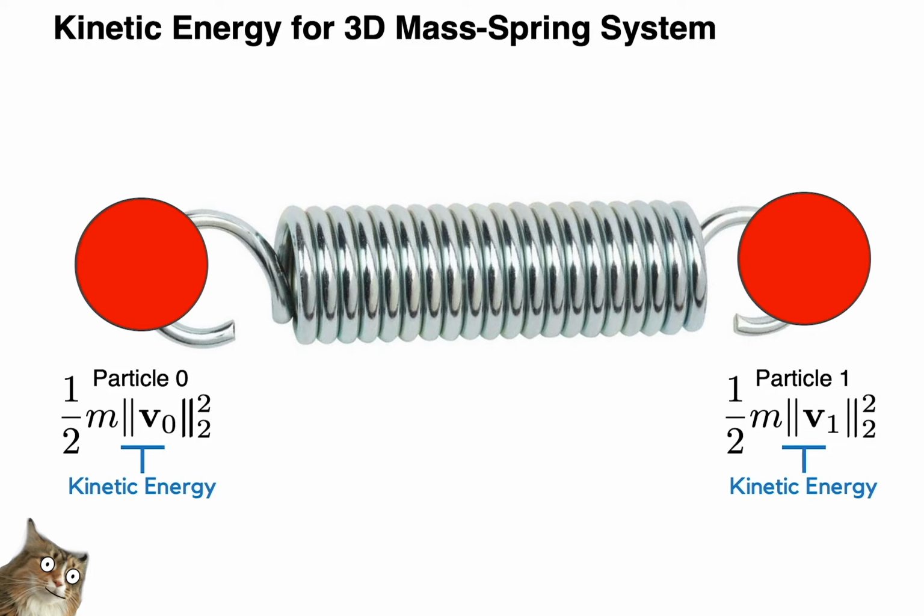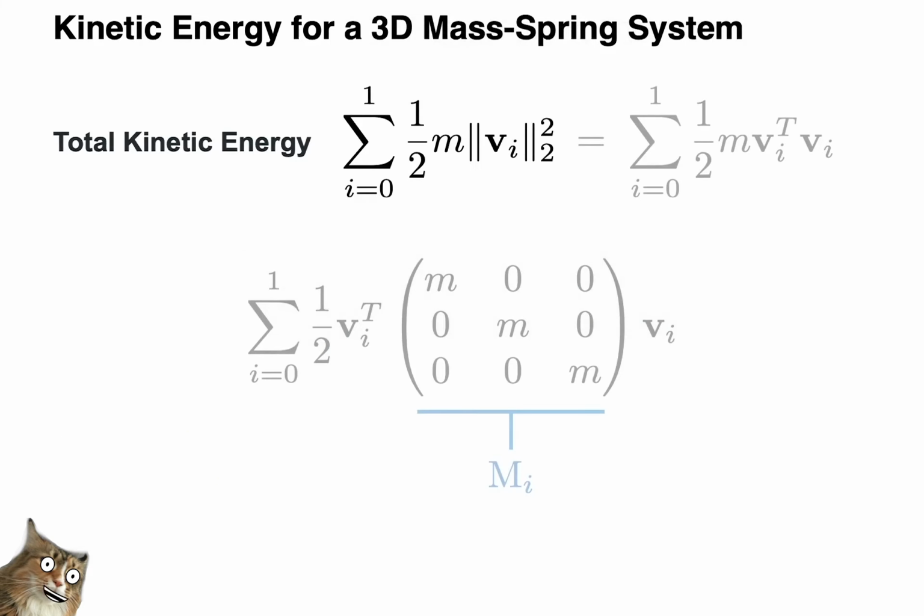But remember, we're after the kinetic energy of the whole system, and that includes both particles. So we have to add these values together. We can compactly express this summation by exploiting the fact that the squared magnitude of a vector can be expressed in terms of the dot product of that vector with itself.